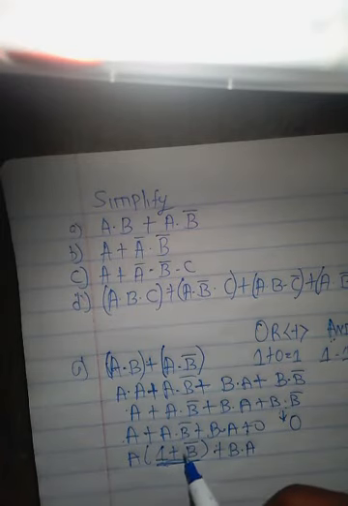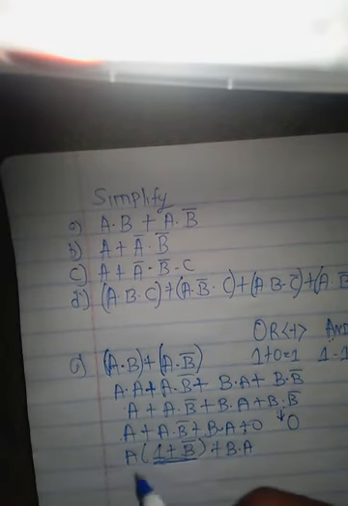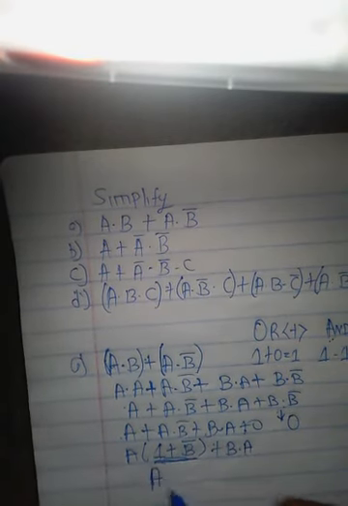You can test that out. We don't know what B was, so you can just assume both values. If B bar is 0, that means B was 1, so you have 1 or 0, which is 1. And if B bar is 1, you have 1 plus 1, which is still 1. So A times 1 will be just A.